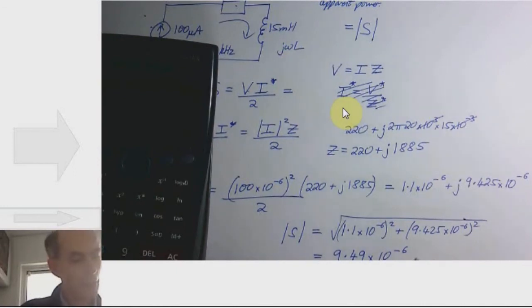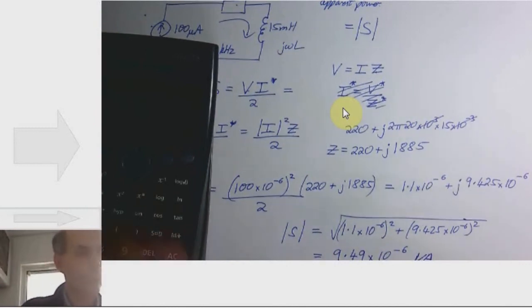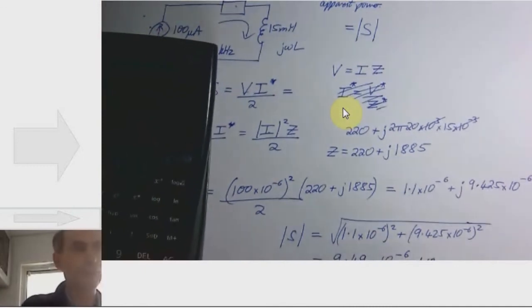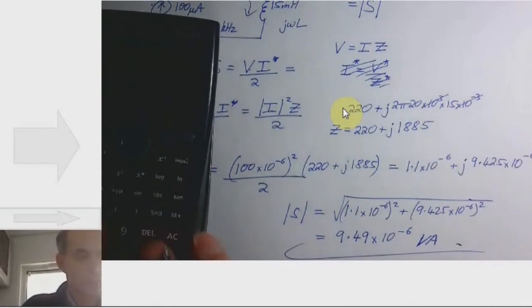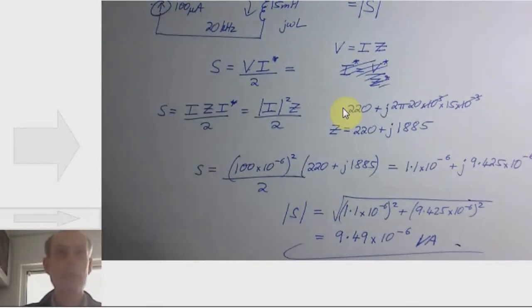And I'll express that in units of VA, volt-amps, which is the typical unit we use for apparent power. And that's that one done.